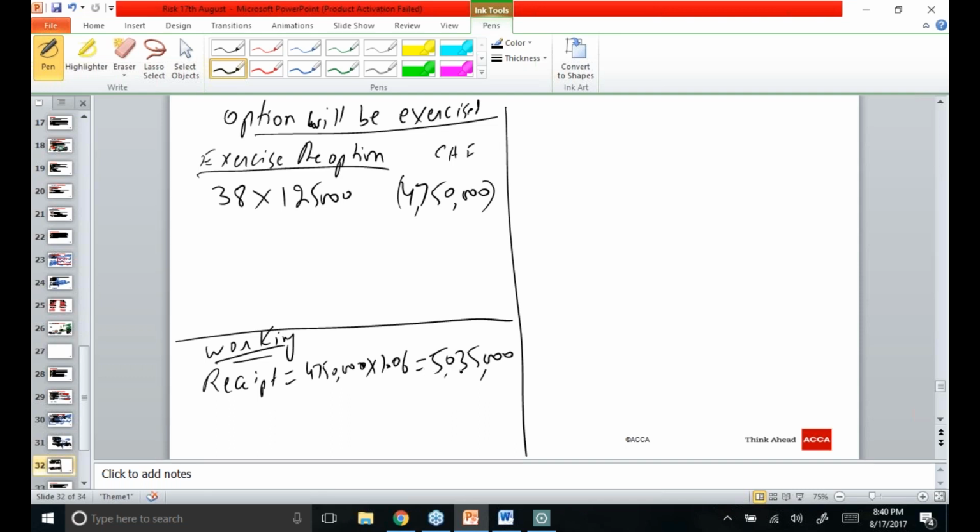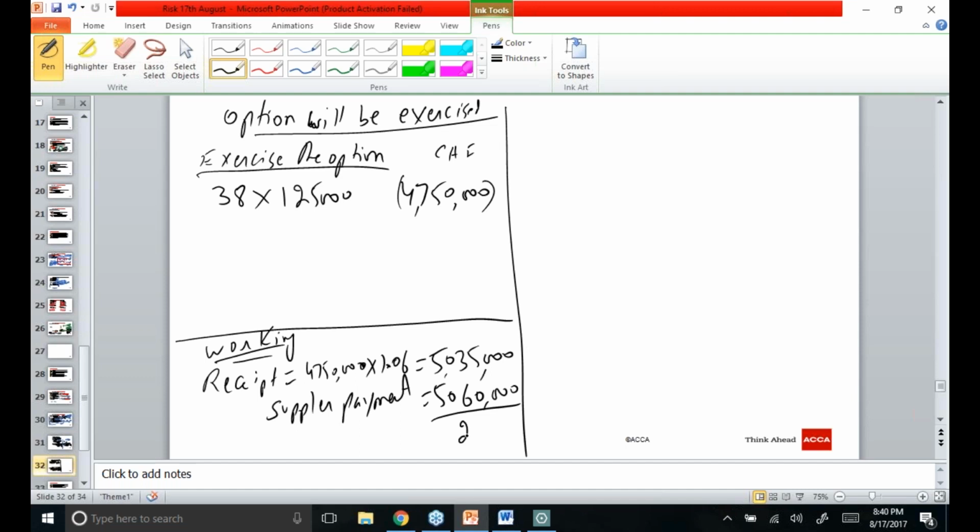What are you going to do with this amount? Definitely you will take this amount and pay the foreign supplier. But the supplier payment was not this amount. The supplier payment was 5,060,000. You have only received 5,035,000, but in order to pay the supplier, you need 5,060,000.